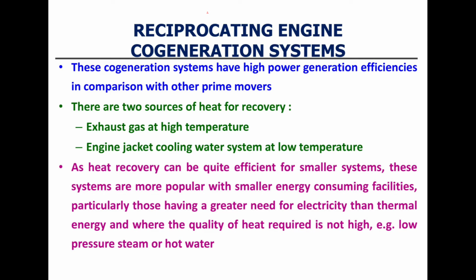As heat recovery can be quite efficient for smaller systems, these systems are more popular with smaller energy consuming facilities, particularly those having a greater need for electricity than thermal energy and where the quality of heat required is not high. Example: low pressure steam or hot water.